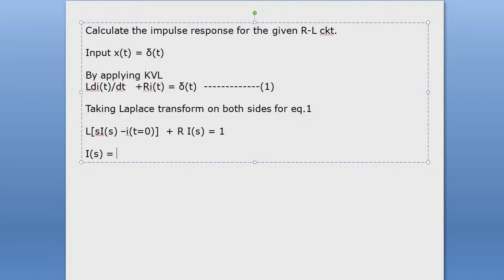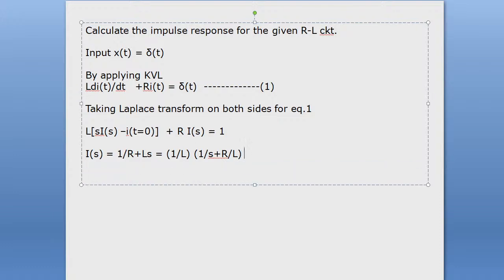So finally you can write I(S) equal to 1 divided by R plus L into S. This you can simplify as a partial fraction expansion: 1 by capital L within a bracket, 1 by S plus R by L. Suppose this is equation 2.